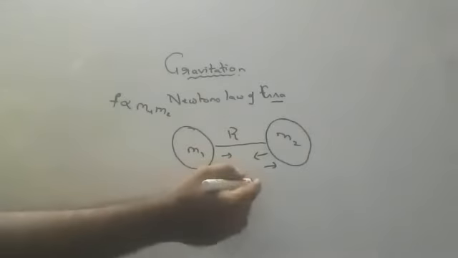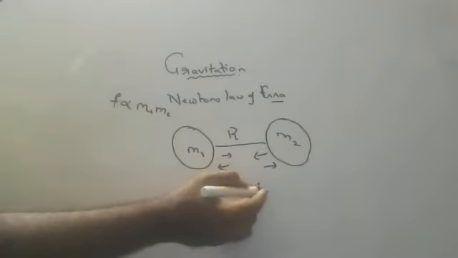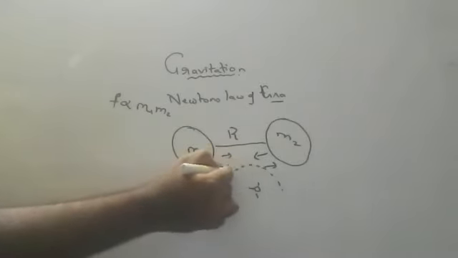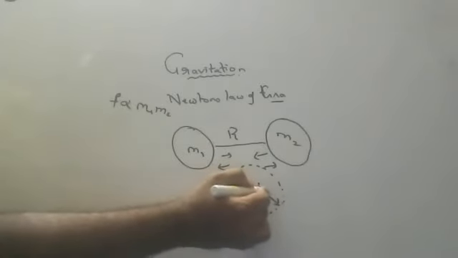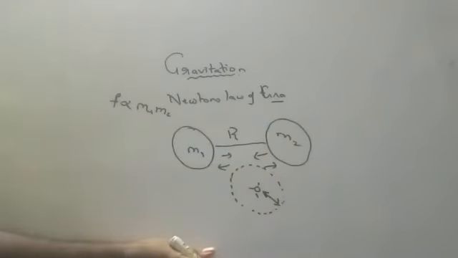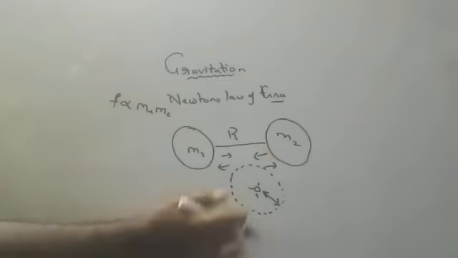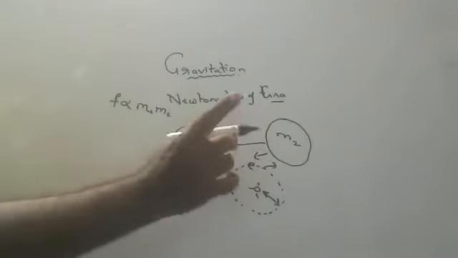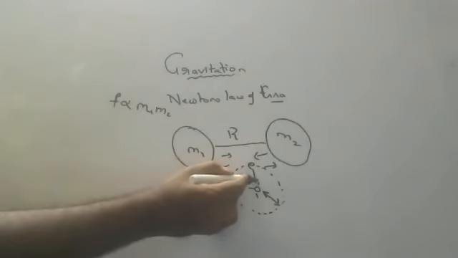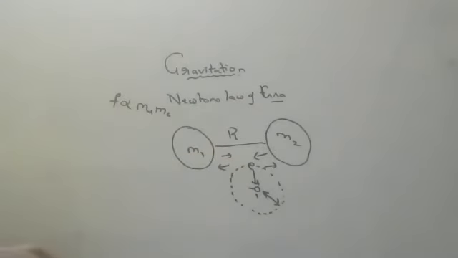See children, the sun is there. Around the sun, the earth and so many other planets are moving. How are they able to move? Because we have centripetal force between the sun and the earth. The sun is a very big body, the earth is also a very huge body, that's why even though they are very far apart, their force of attraction is very high.